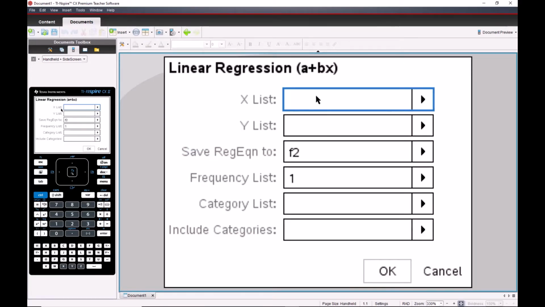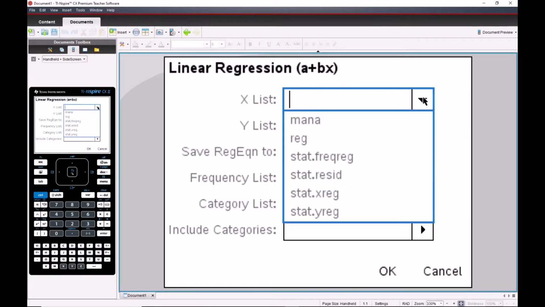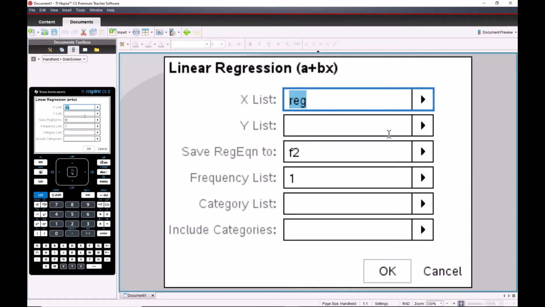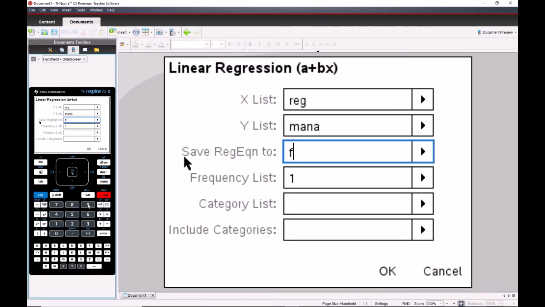And the x list here, we're doing registrations to predict manatee deaths. And yours will probably come up with F1, so I'm going to change mine. I've actually run through this already. I did a trial run of this video, and it was pretty much garbage, so I'm redoing it.